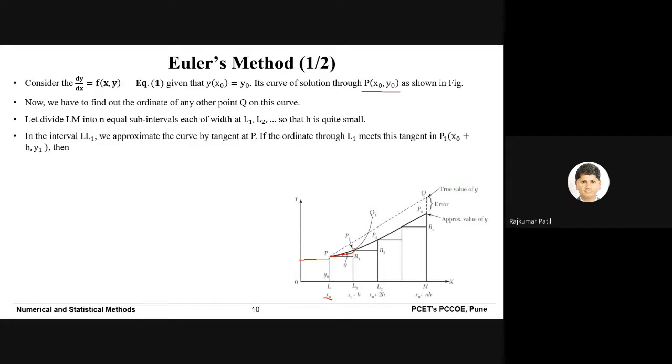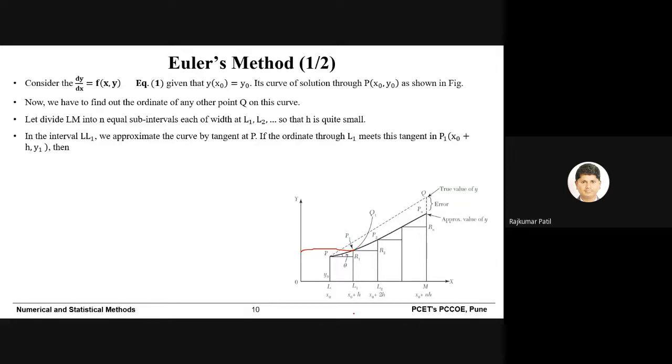So you can see here the point P1 is there. It has two coordinates, that is x coordinate is x naught plus h, and the corresponding y coordinate you can see in the figure. So that would be y1.